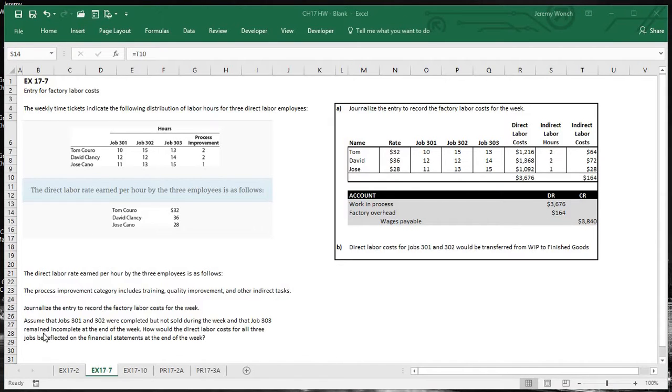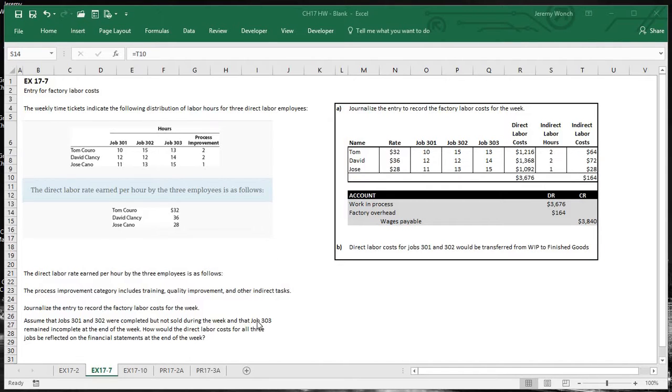Then down below, it says that jobs 301 and 302 were completed but not sold during the year, and job 303 remained incomplete at the end of the week. How would the direct labor cost for all three jobs be reflected in the financial statements? If jobs 301 and 302 were completed, we would take them out of the work in process account and put them into finished goods.